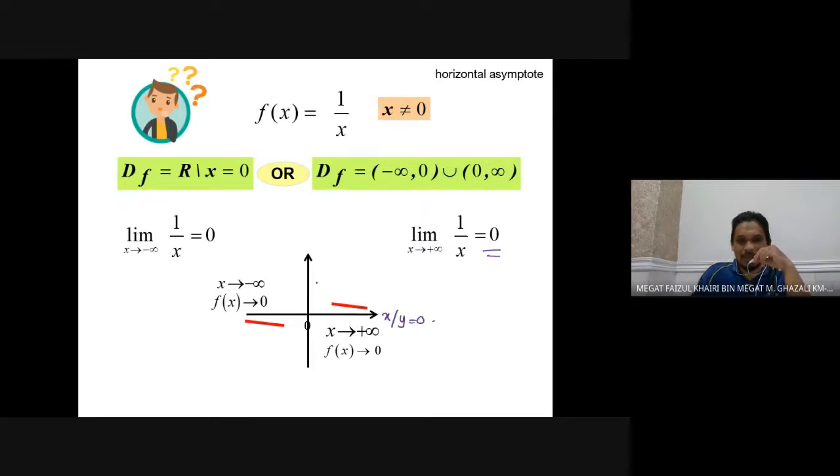So look at this graph here now. It's sliding down, approaching the line of the x-axis. Dia semakin hampir dengan paksi x. And also from here, it is getting close to the x-axis. So this is the movement where the graph approaches the x-axis, or y equal to 0.